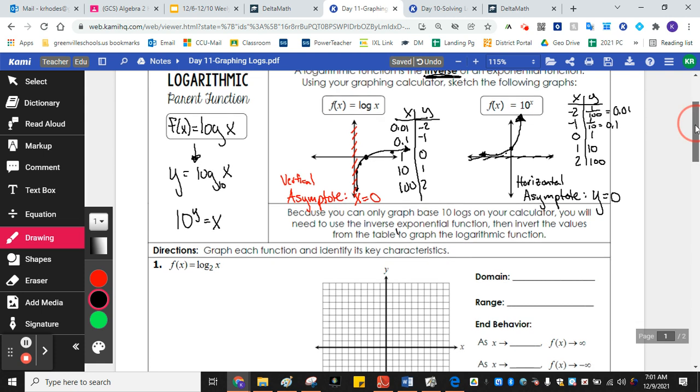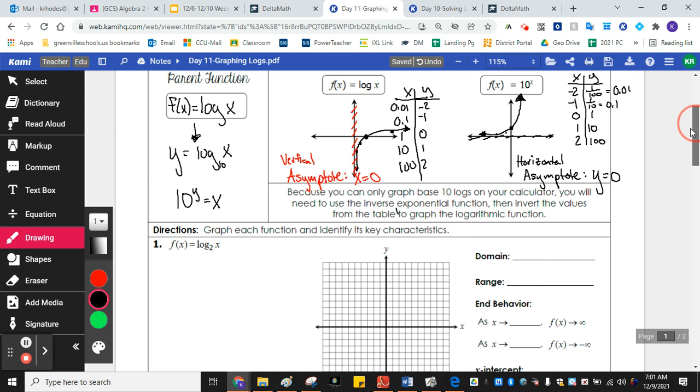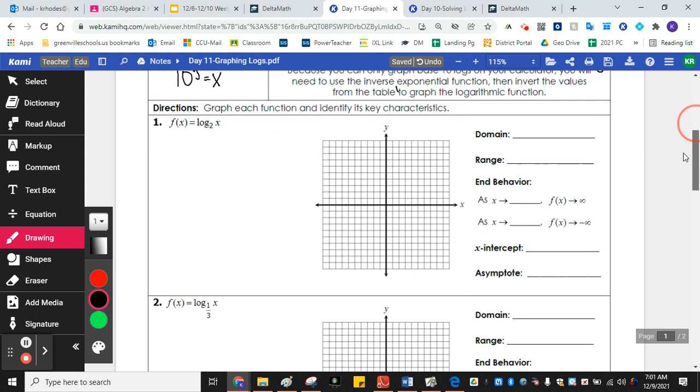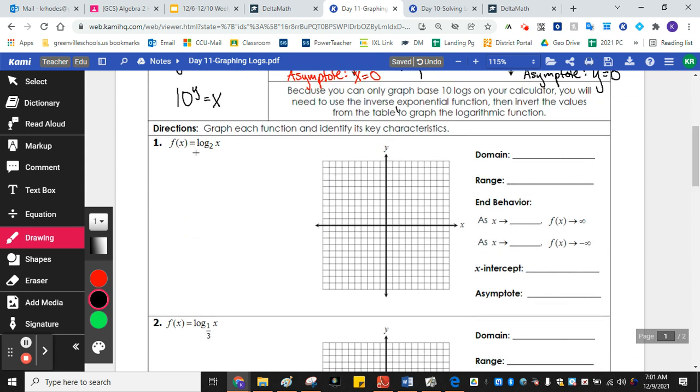So let's do a few. You know, just pause the video. Okay, so we have log base 2 of x. I know it says f of x, we're just going to say equals y. So what this is saying is f of x equals, the inverse of that equals 2 to the x.